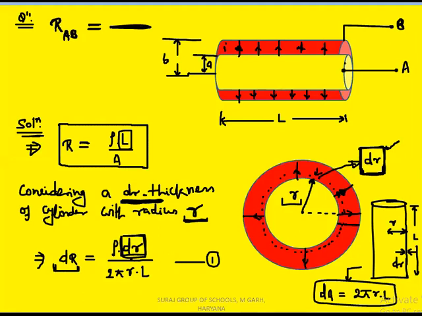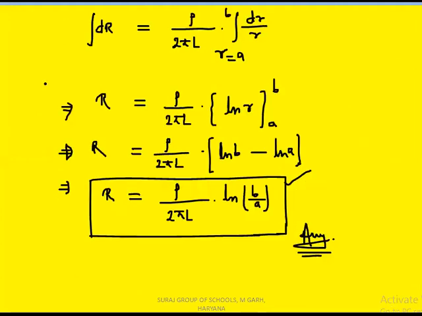So we have to take help from integration, integrating the radius from inner surface r equals A to r equals B. We get the answer rho upon 2 pi L times ln B by A.